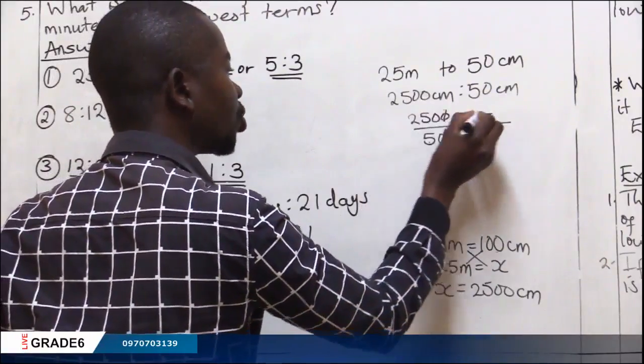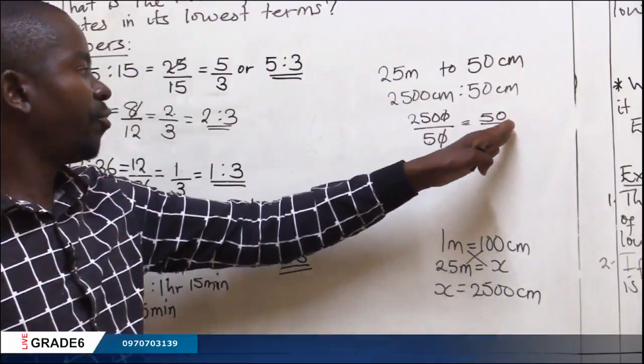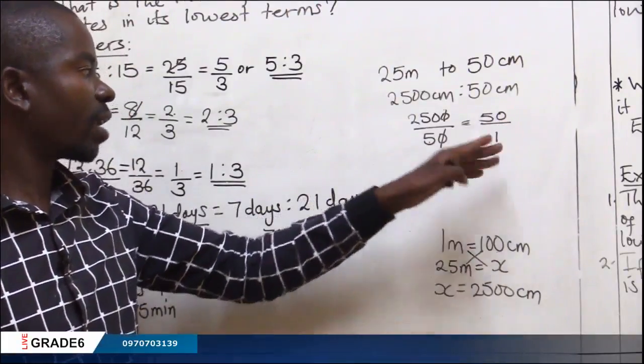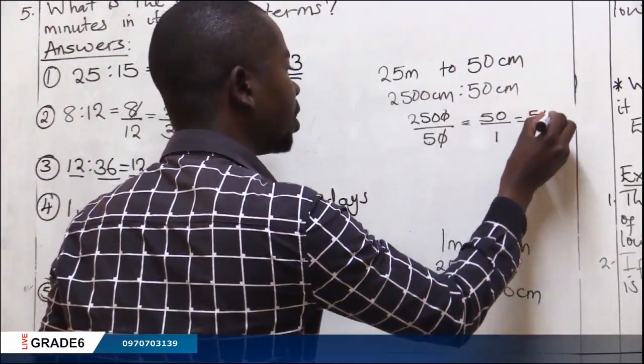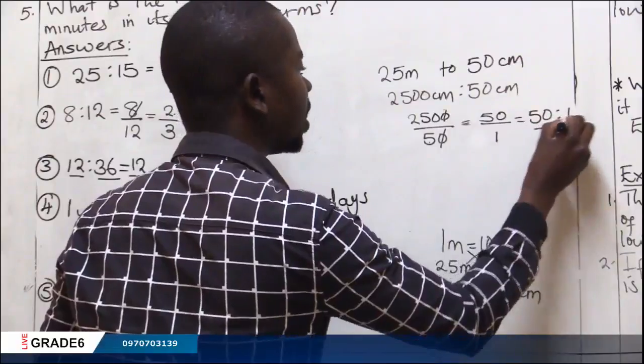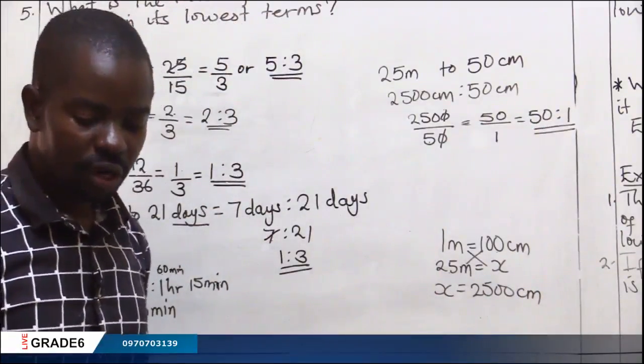And then 5 into 0, it's 0. So the answer is 50 to 1. That is your answer.